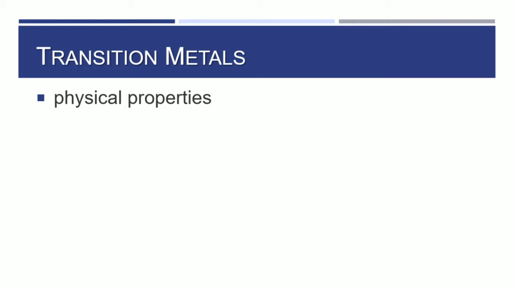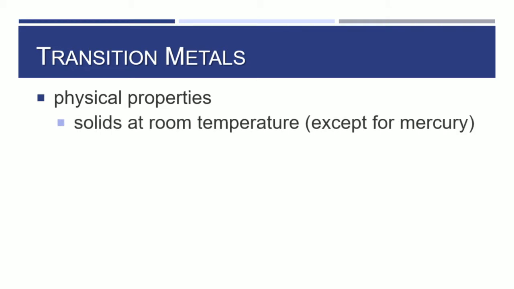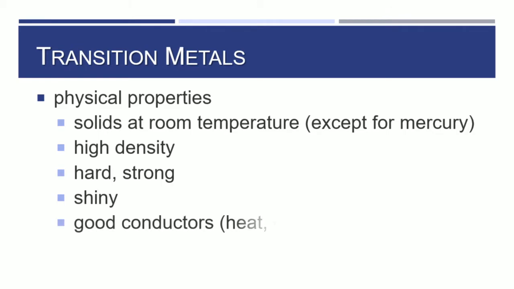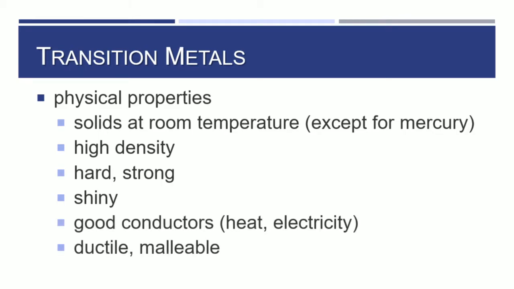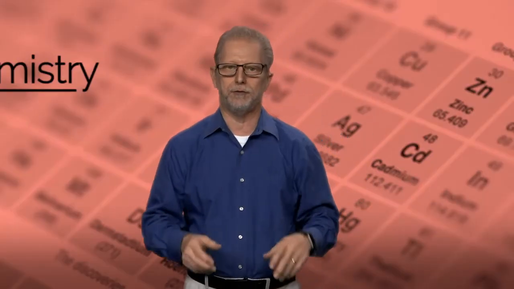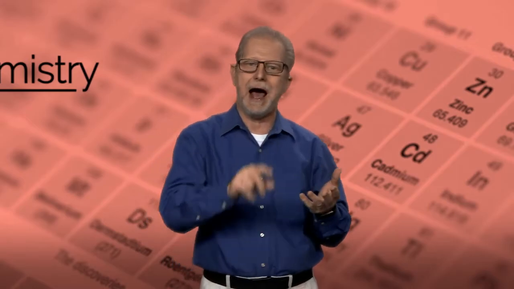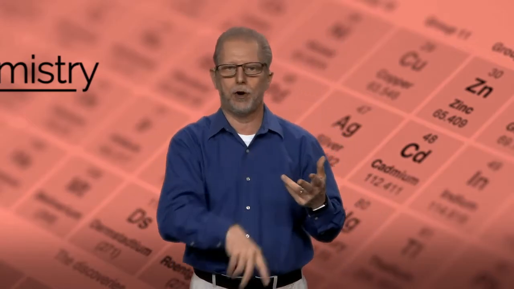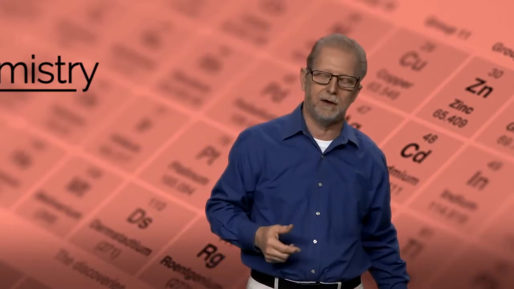Their physical properties: they are solids at room temperature, except for mercury, that's a liquid. They're dense, they're hard and strong, they're shiny, they're good conductors of heat and electricity, they are ductile and malleable. Now, these are your common metals, your typical metals: iron, copper, cobalt, nickel, zinc.